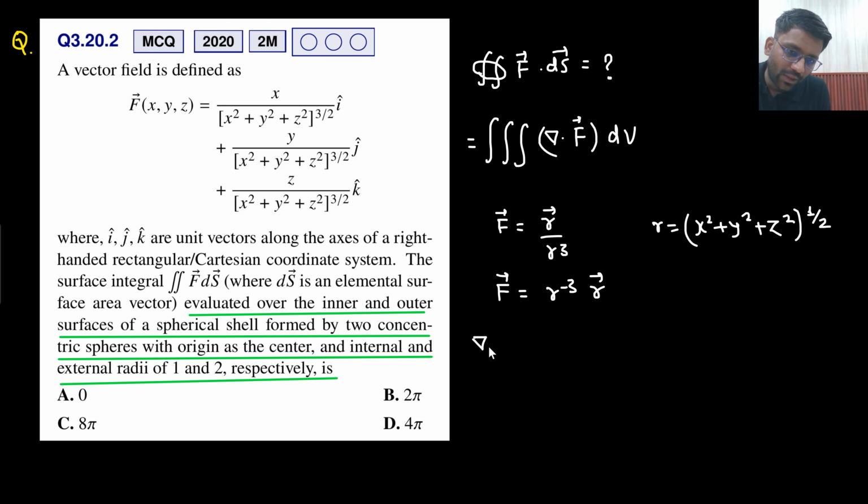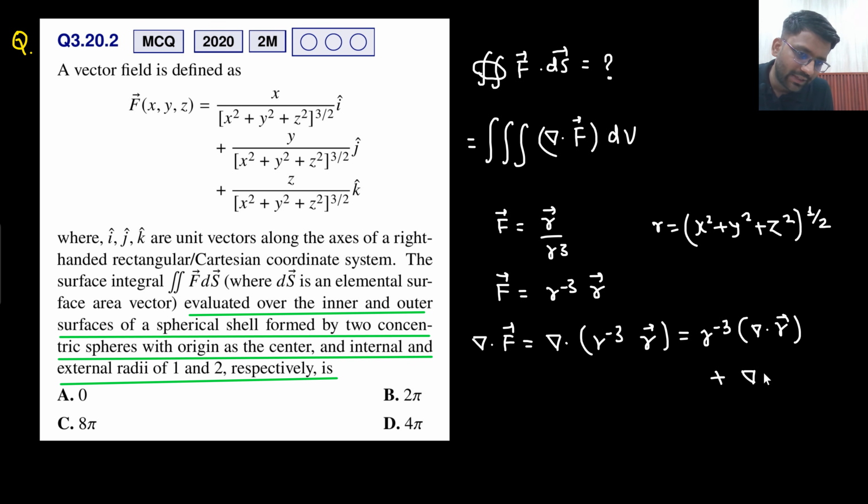Now you should be able to calculate del dot f with ease. You should not be facing too much difficulty. Sir, r to the power minus 3 will come outside: del dot r, plus del of r to the power minus 3 dotted with r vector.